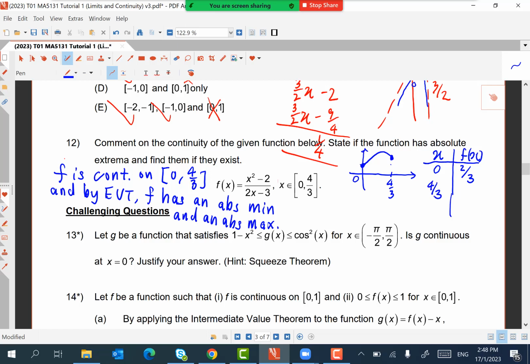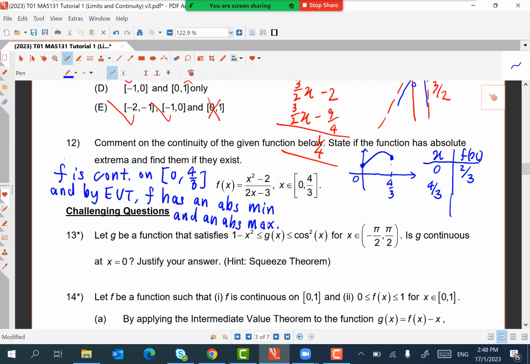Let me get a calculator. Minus 4/3, minus 4/3. I'm going to calculate using the calculator again, I just want to be sure.